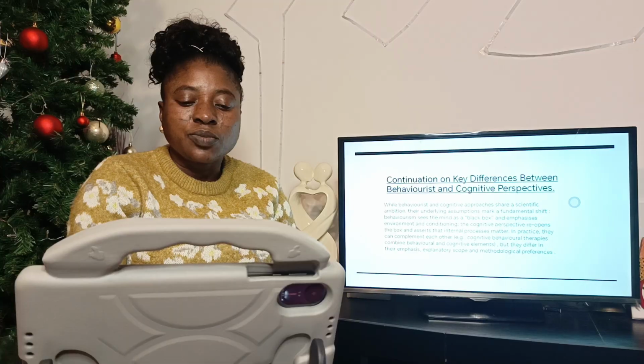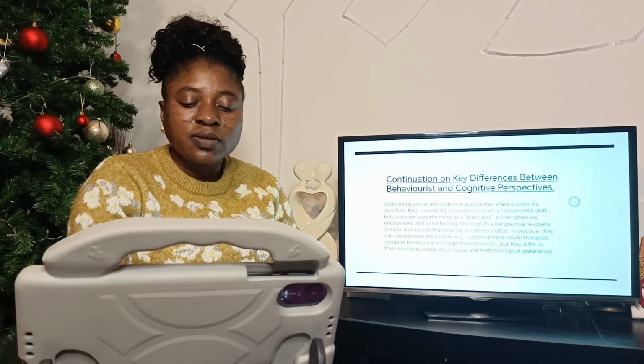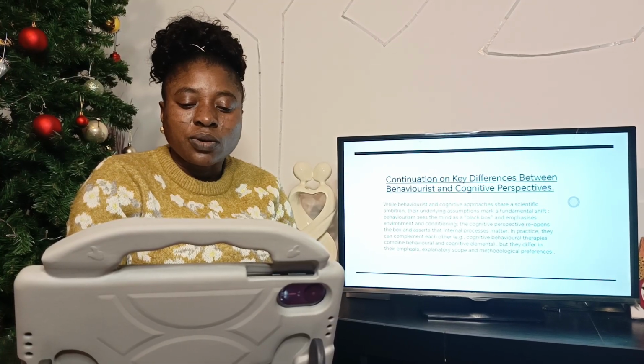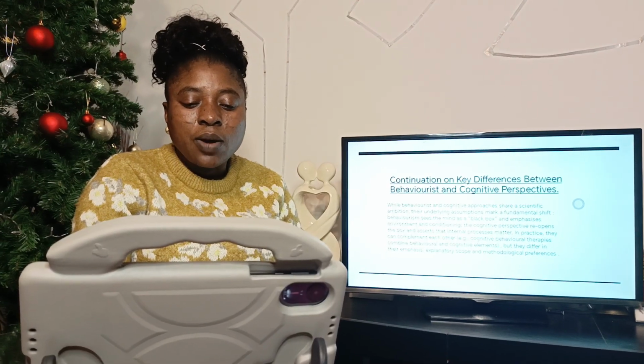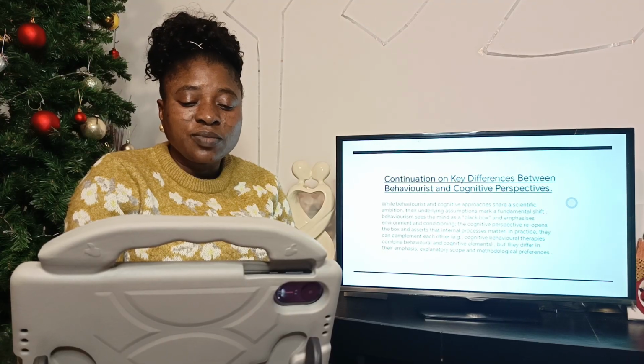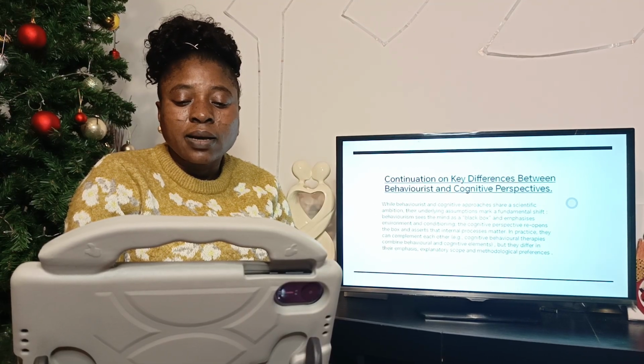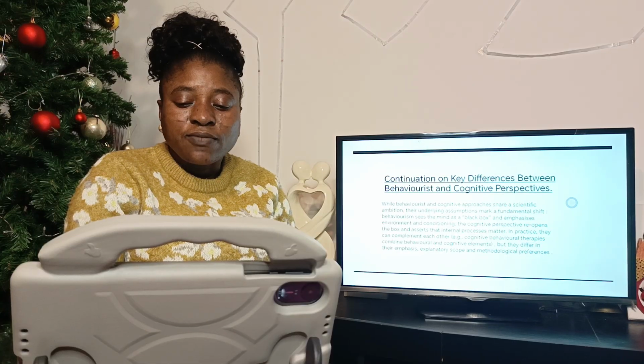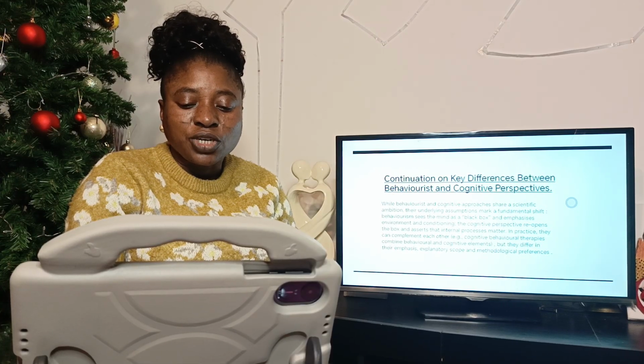Continuation of key differences between the behaviorist and cognitive perspectives. While behaviorist and cognitive approaches share the scientific ambition, their underlying assumptions mark a fundamental shift. Behaviorism sees the mind as a black box and emphasizes environment and conditioning.